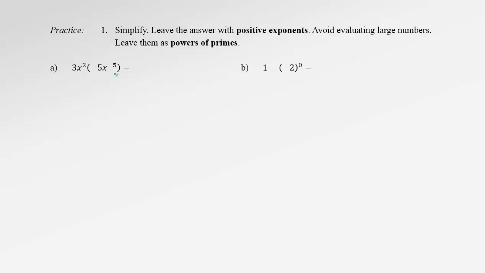Okay, how can we simplify this expression? First of all, we need to realize what kind of operation we deal with. Well, between 3 and x squared, there is an invisible multiplication. Also, between x squared and a bracket, there is a multiplication. Negative 5 and x to the negative 5, oh, there is another multiplication here.